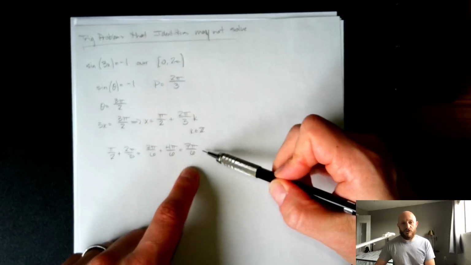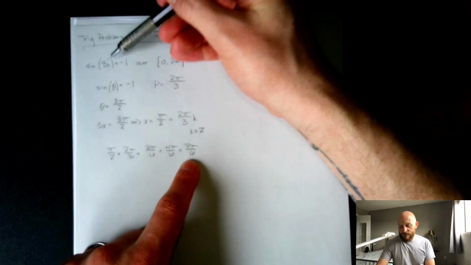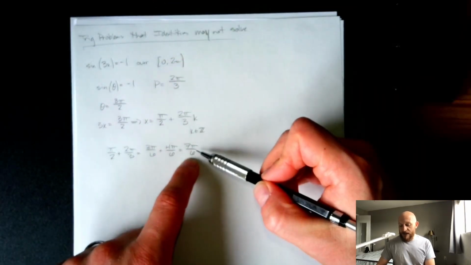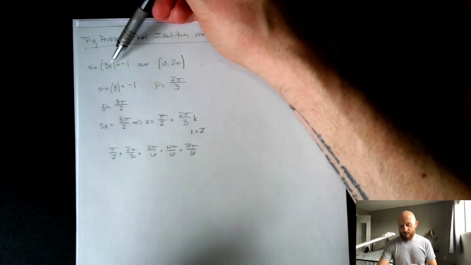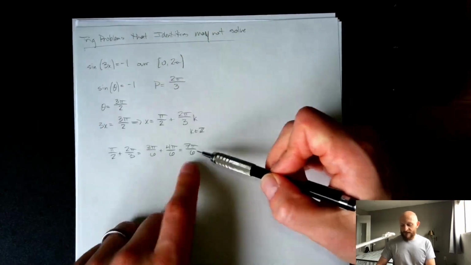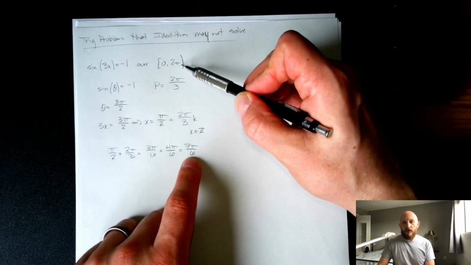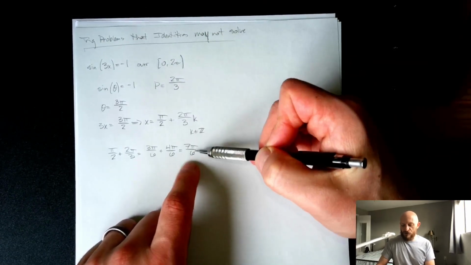So here's another solution. If we plug 7 pi over 6 in, this will be a solution to sine of 3x equals negative 1. And 7 pi over 6 is still within our interval. So yeah, this counts as a solution.